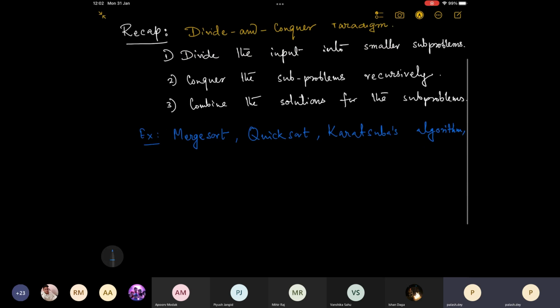Then we had seen Strassen's algorithm for multiplying two n cross n matrices. And so on. So today we will start another very powerful algorithm design paradigm, which is called greedy algorithms.